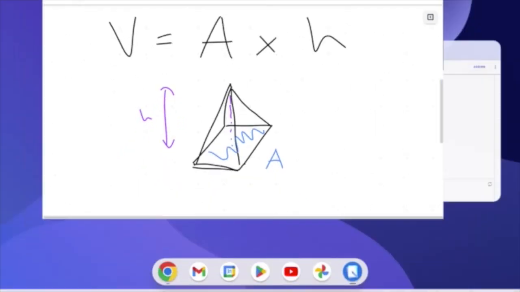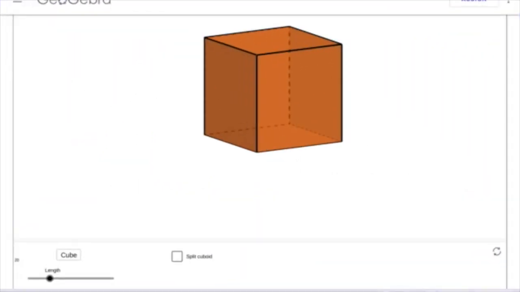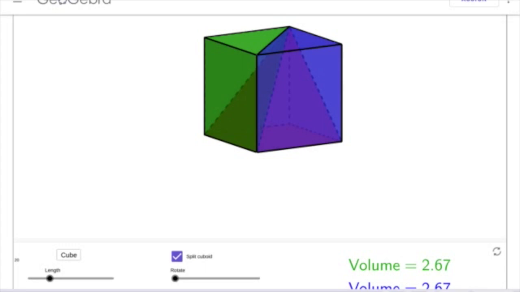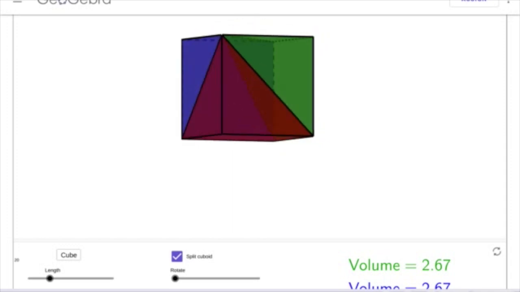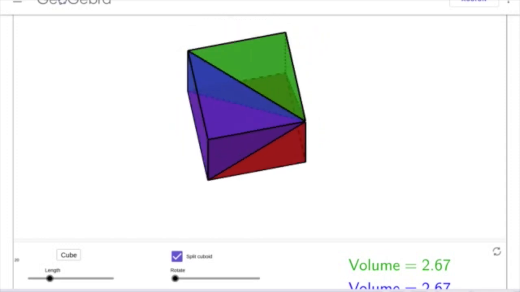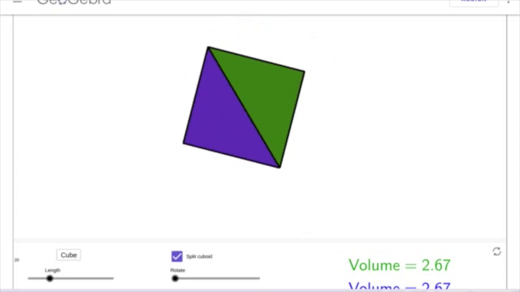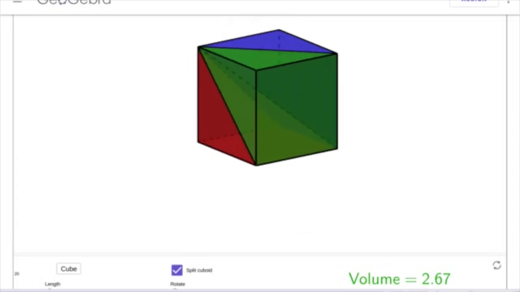Now, this is where we are going to visualize this through GeoGebra. And I'm going to put the link in the description too, so you can play around with it on your own if you'd like. But here I just have the regular cube, same one I've drawn in the video here. Now, we'll notice here, once we split this cube, that we have a couple of shapes that make up this cube, that fill this cube from the inside. Now, hopefully you can see I have a pyramid here, and another square pyramid here.